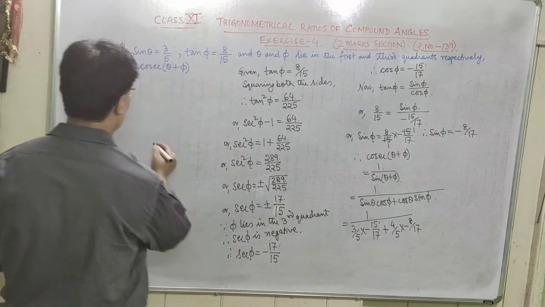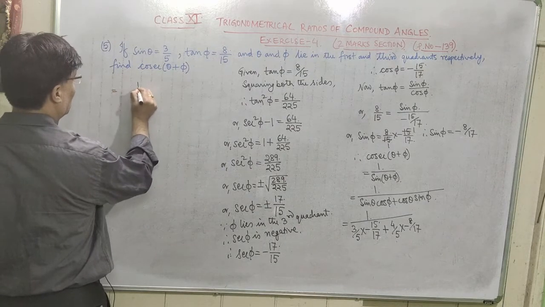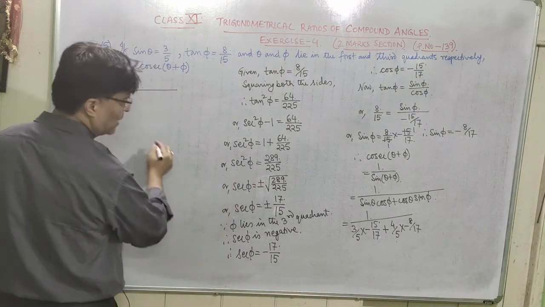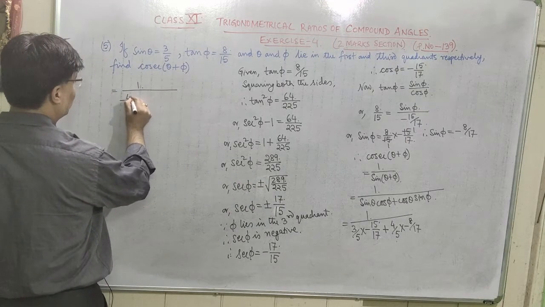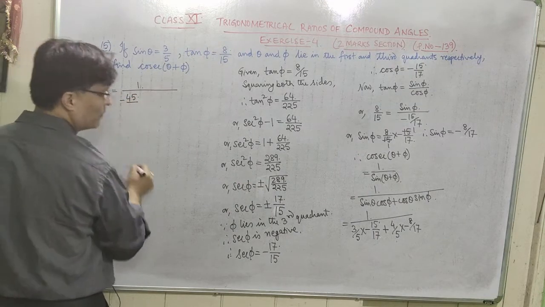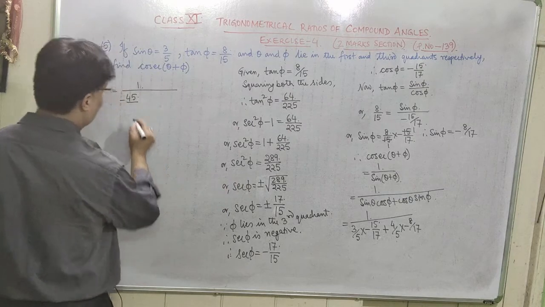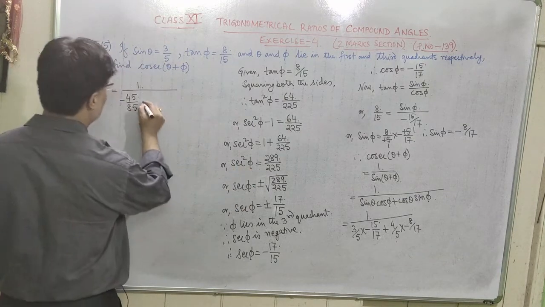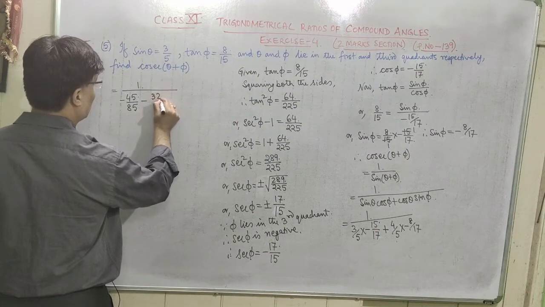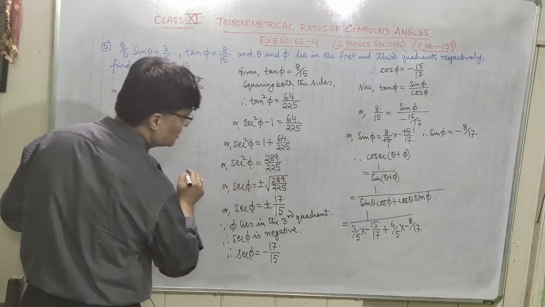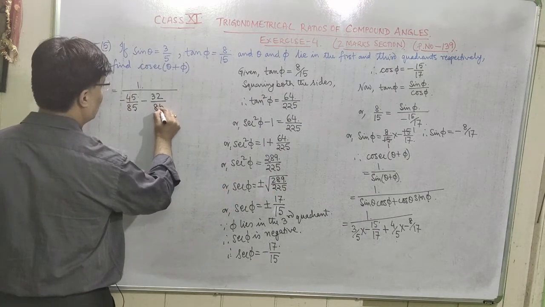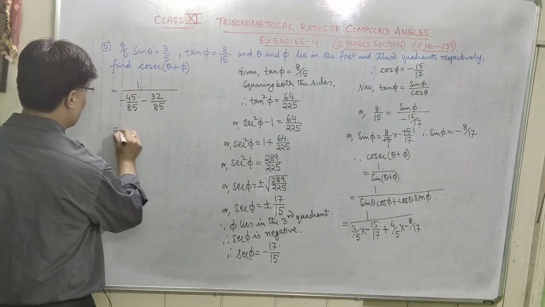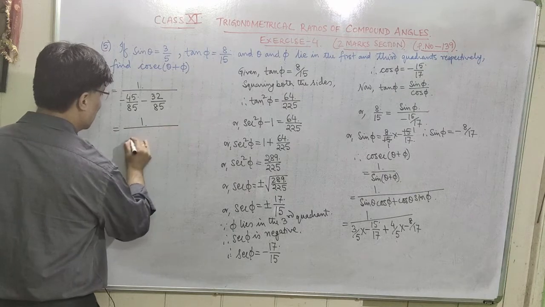So this is 1 upon, how much is that? Minus 15 threes are 45, so minus 45 divided by 7 fives are 85. Then next, minus 8 fours are 32 divided by 7 fives are 85. Is that clear now? 1 upon, what's the LCM?